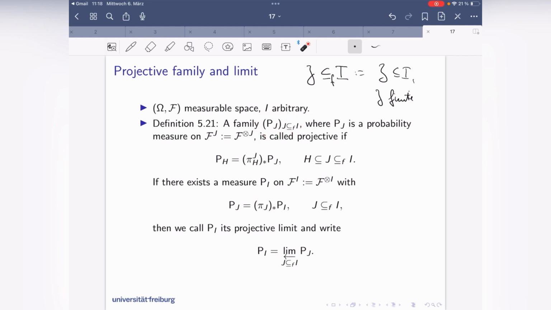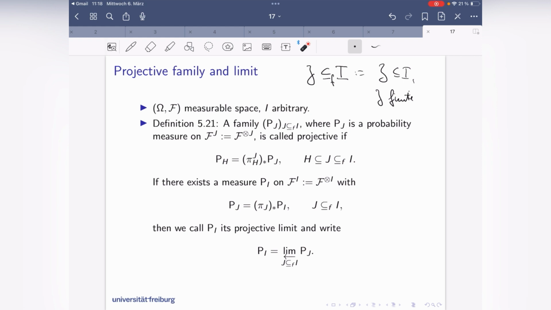You can project all coordinates from I to J. You can further project them down to H. And the family is called projective if it doesn't matter whether you first project down to J and then to H, or immediately to H. That's then a projective family.